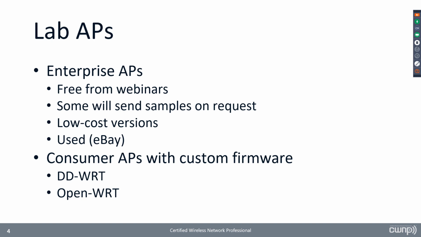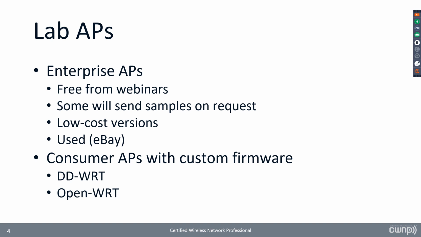Both DD-WRT and OpenWRT are basically Linux firmware options for these wireless routers, and they even allow you to add all kinds of services and extra features and capabilities. But just the default firmware has most of the enterprise features you'd want to work with in a lab.